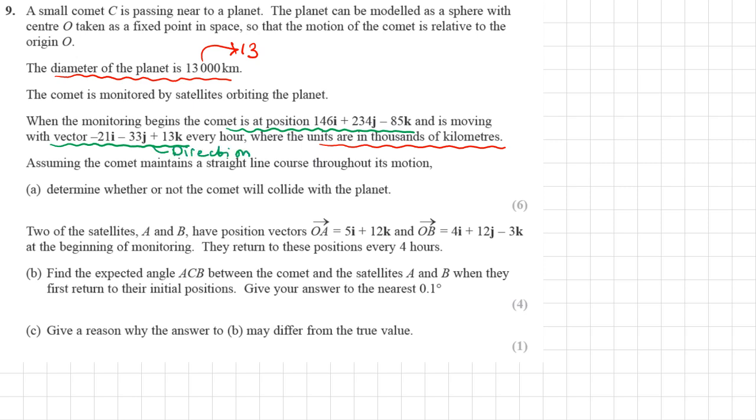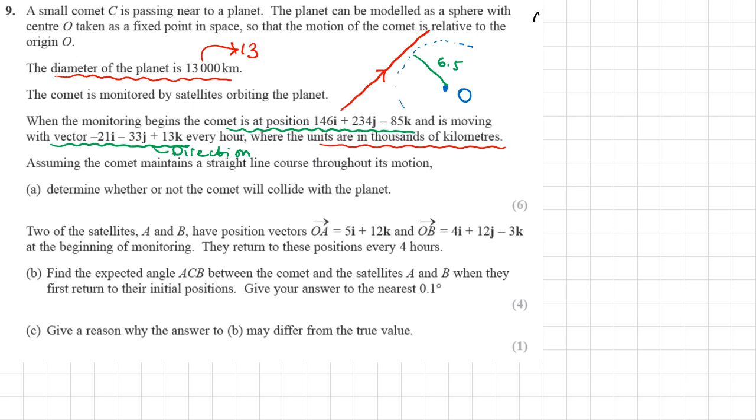So what we have is the center of the planet as the origin. So imagine that the planet is going like this, and then this distance here is going to be the radius, that's going to be 6.5, and we want to know how close is the comet going to pass the planet. So is this distance here more or less than 6.5?